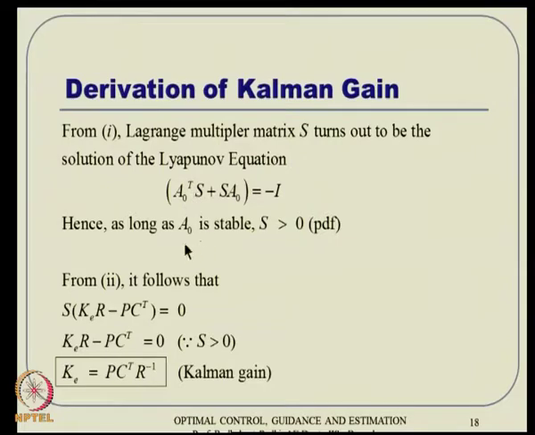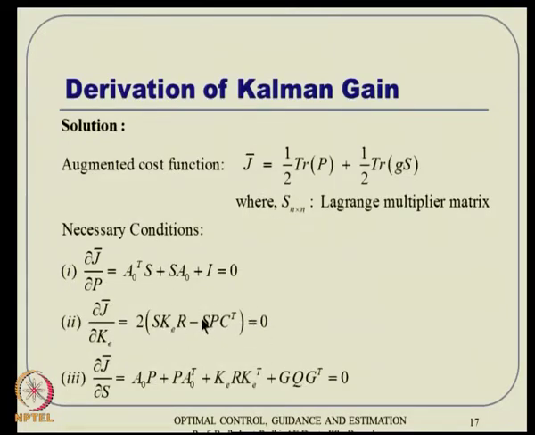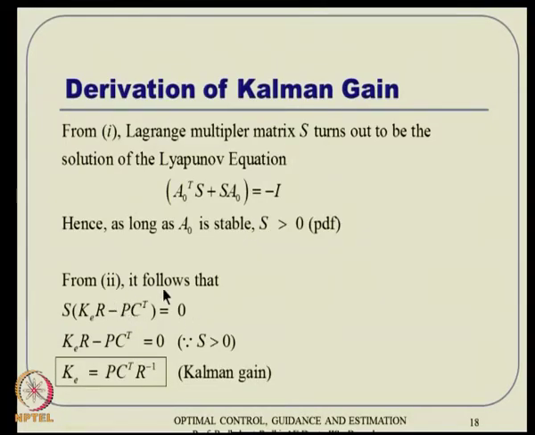Now, once you have that, let us go to equation 2, and what does equation 2 tell? It tells something like this. That means K R minus P C transpose is 0, because S is a positive definite matrix and it cannot be 0. So K is nothing but P C transpose R inverse.